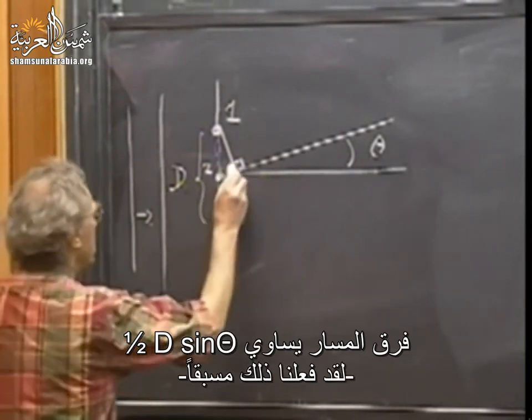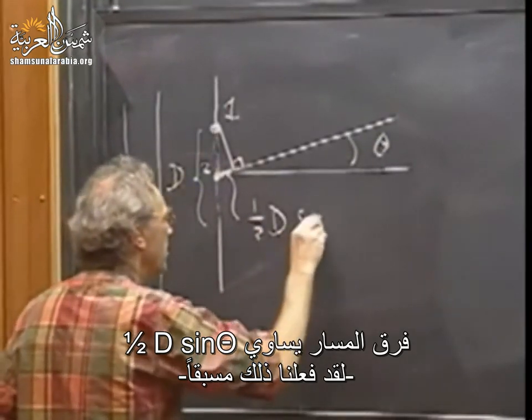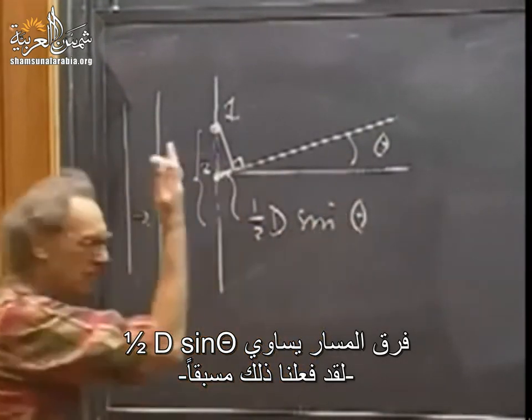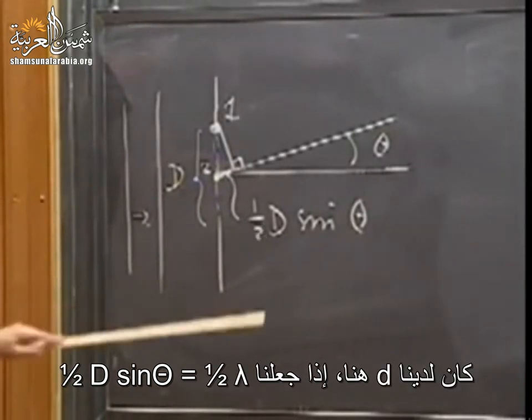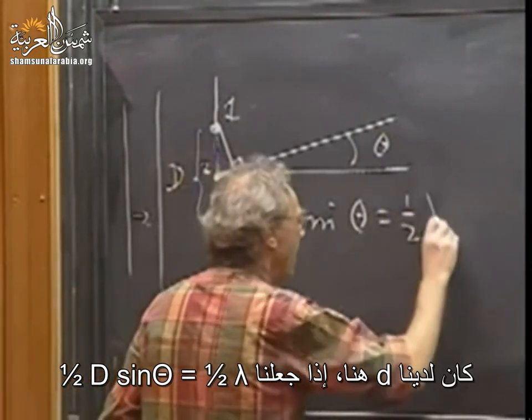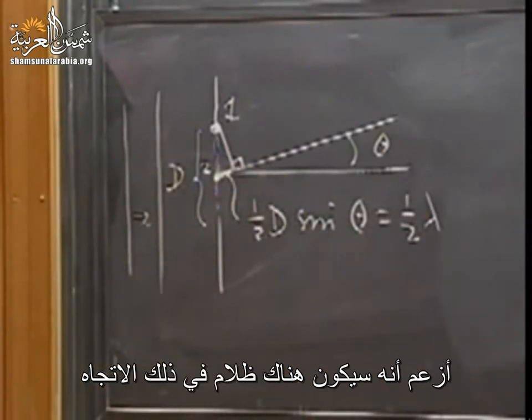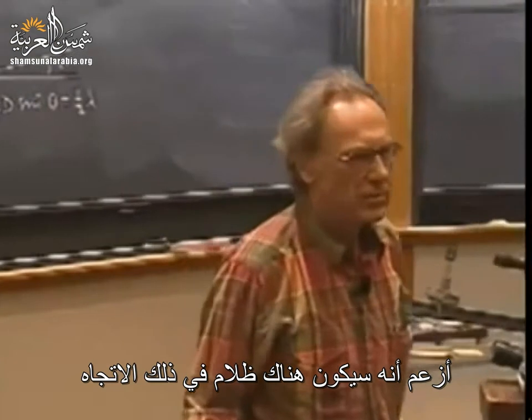Well, this path difference here is clearly 1/2 d times the sine of theta. We did that before. If I make that 1/2 lambda, I claim that in that direction there will be darkness.